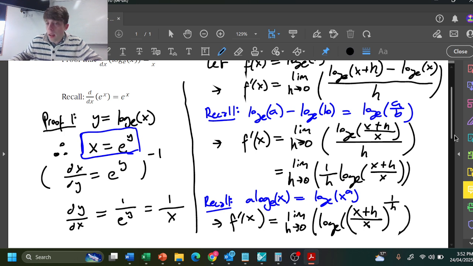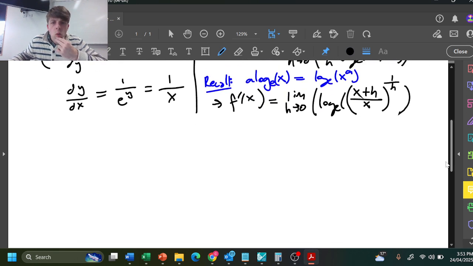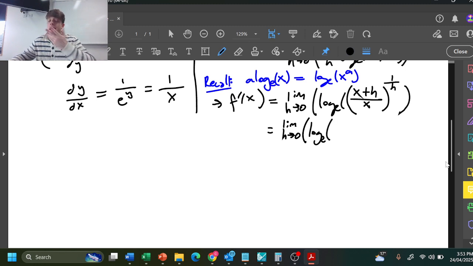Okay. Now, can we tidy this up at all? Well, we can see that the thing inside the logarithm, or inside the limit I should say, could be written again in a slightly different way. We can see that we have x over x. So x divided by x should just be equal to 1, provided that x isn't 0.